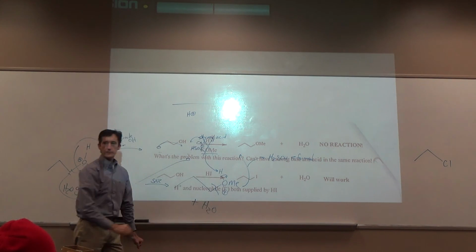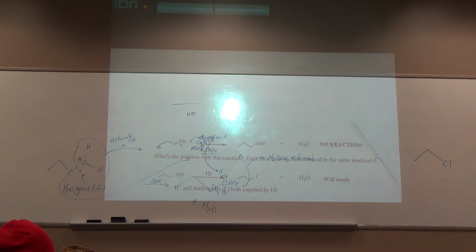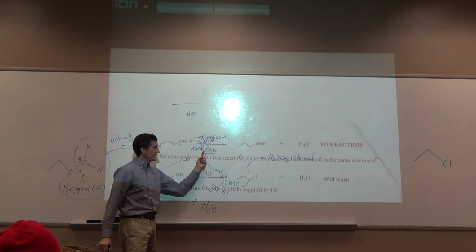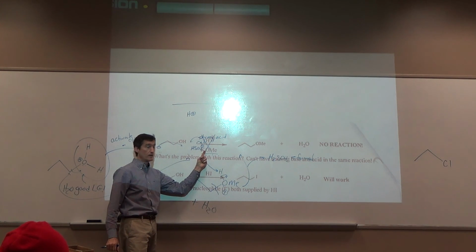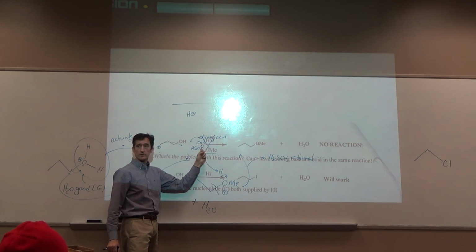These are not compatible. You can't have a base and an acid in the same reaction. Potassium methoxide is just like potassium hydroxide, a base. If you combine the base and the acid, these two are just going to react.